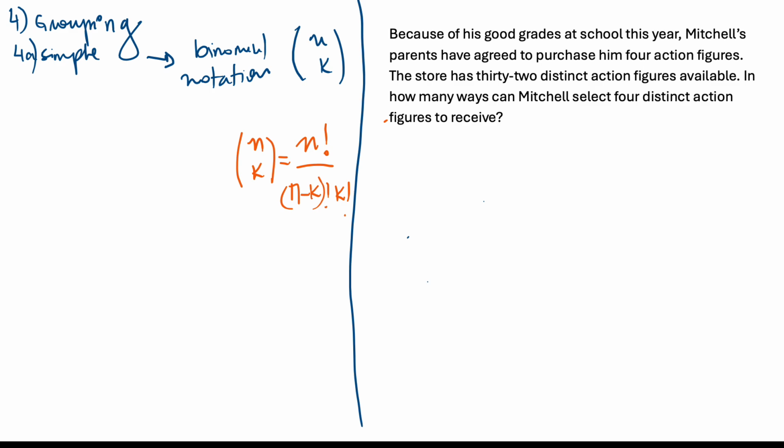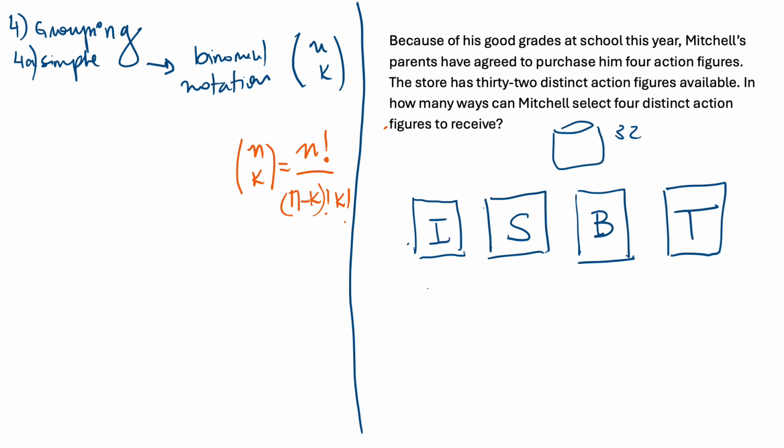So think about this. Think about Mitchell having 4 bins or 4 Ziplocs inside his backpack. He will choose amongst 32 characters, and he will put each one in his Ziploc and just wrap his backpack. If he chooses Iron Man first, obviously he cannot choose Iron Man again.